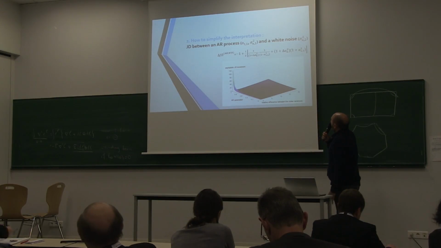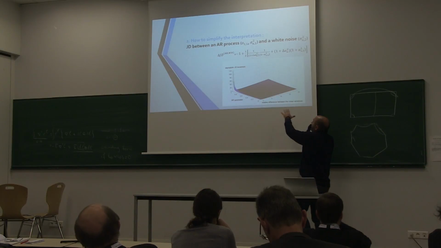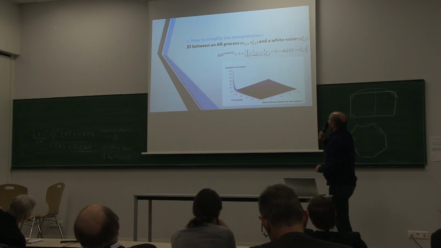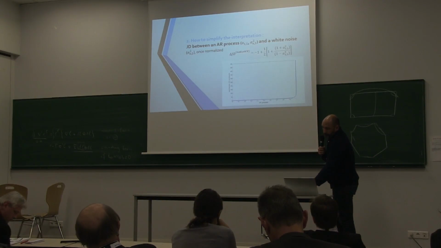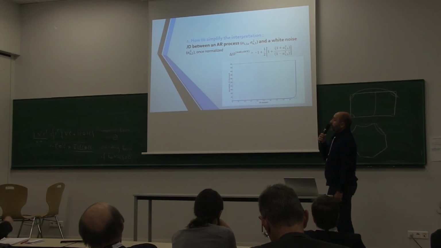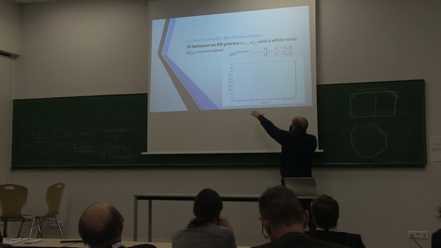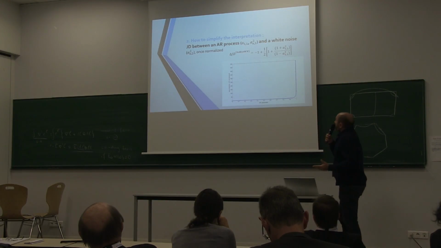With this type of expression, depending on the value, we can obtain the same type of value, so it depends on two parameters. Once we have normalized, the expression only depends on the AR parameters, and we have been able to get rid of the variance of the driving processes. So in this case, we can just look at the asymptotic GD, and we can see that it only depends on the AR parameter.